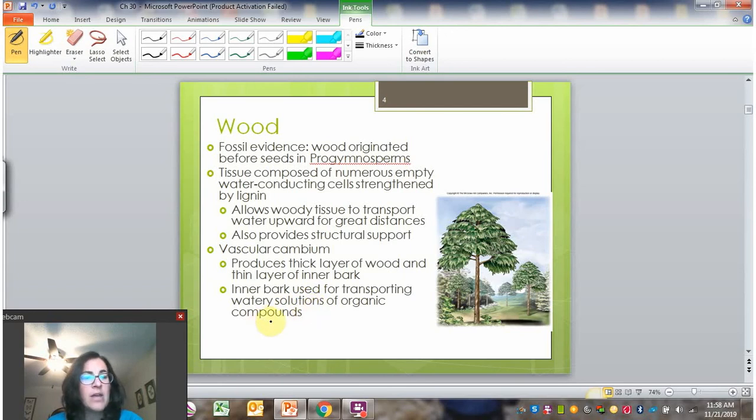So this is how it doesn't just transport water, but it also transports sugar and things like that throughout the plant as well. And so again, wood is not just this dead stuff that we sometimes think of, like a trunk of a tree after it's cut down. It actually has fluids moving through it when it's alive and healthy that help the plant survive.